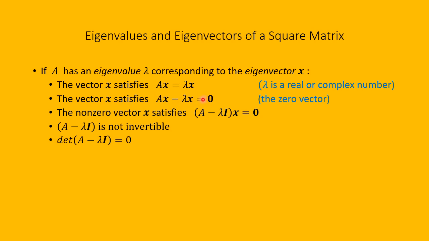This equation can be written as A minus lambda times the identity matrix, that matrix times X, equals the 0 vector. And here we have this matrix times the non-zero vector is the 0 vector. That tells us that A minus lambda I is not invertible. But if it's not invertible, the determinant of A minus lambda I must be 0.